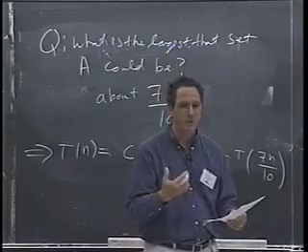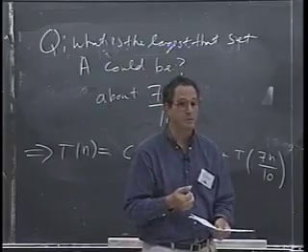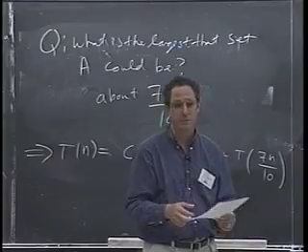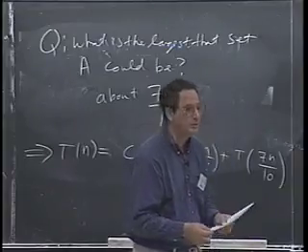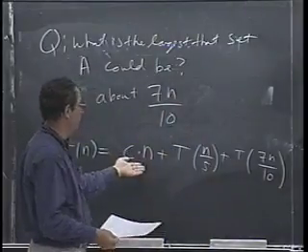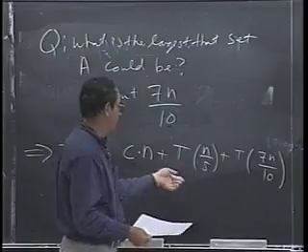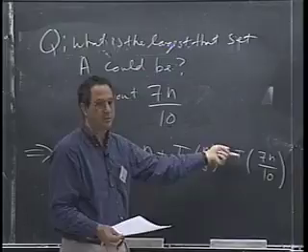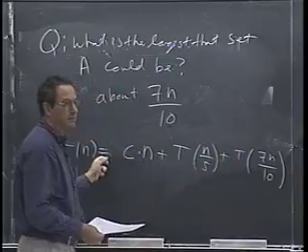When you've guessed what the solution to a recurrence relation is, you can verify it by substitution. You plug it in, you see if you actually get an equality. So I'm going to tell you what we think T of n is, plug it in, do some simplifications, and see that in fact you get an equality.